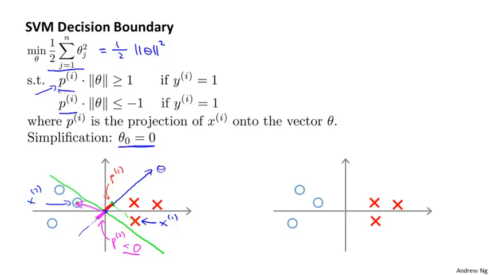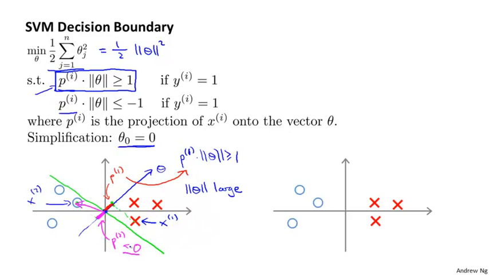And so if we look at the optimization objective, for positive examples, we need pi times the norm of theta to be bigger than or equal to 1. But if p1 over here is pretty small, that means that we need the norm of theta to be pretty large, right? Because if p1 is small and we want p1 times the norm of theta to be bigger than or equal to 1, the only way for the product of these two numbers to be large, if p1 is small, is if we set the norm of theta to be large.